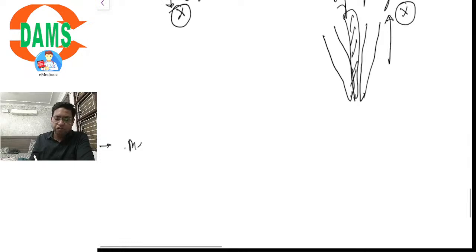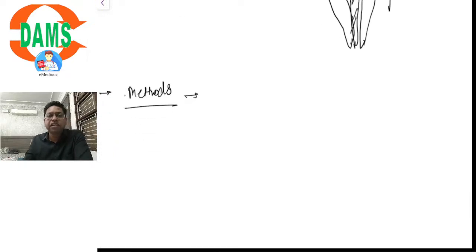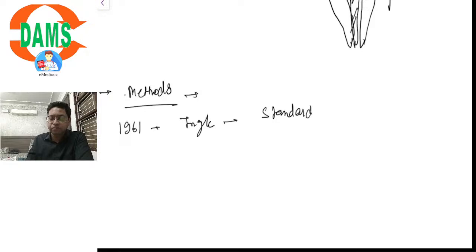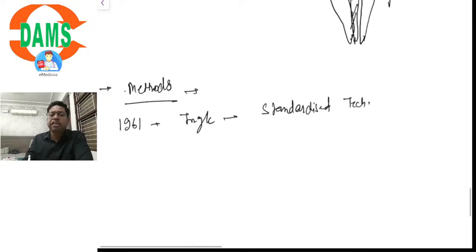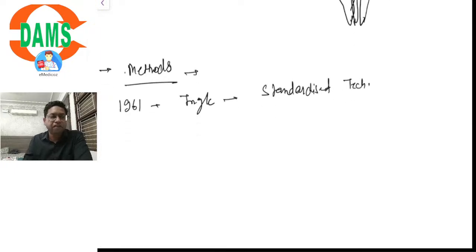Now, if we talk about methods of cleaning and shaping of the root canal, different techniques are available. The first one, which was given in the year 1961 by Engel, is the standardized technique. It is one of the simplest techniques for the cleaning and shaping of the root canal.